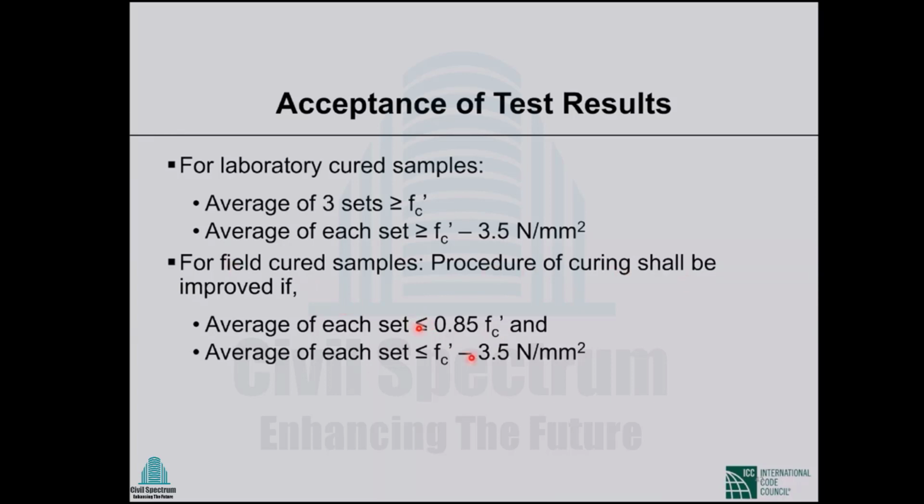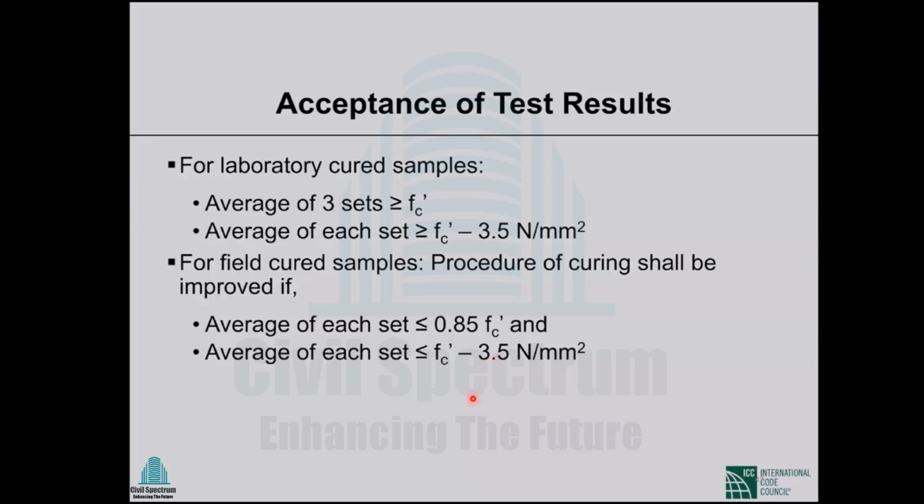Suppose you are getting an average of 3 sets less than 85% of f'c, or an average of 1 set less than that, then you have to understand that your curing method is faulty. You have to improve the curing method.